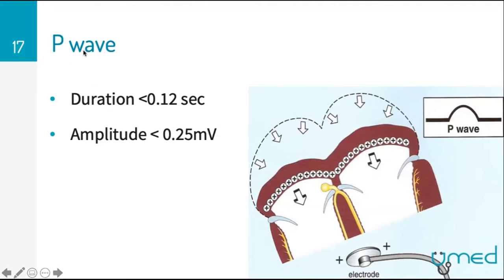Right. So your P wave, guys. I'll check that out, I'm not sure what's causing that. But yeah, so remember the P wave represents atrial depolarization, right? You have to know the duration of a P wave as well as the amplitude of a P wave.